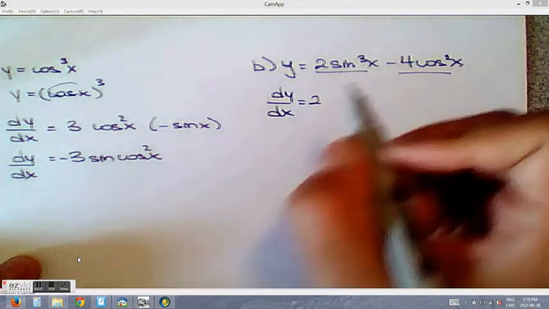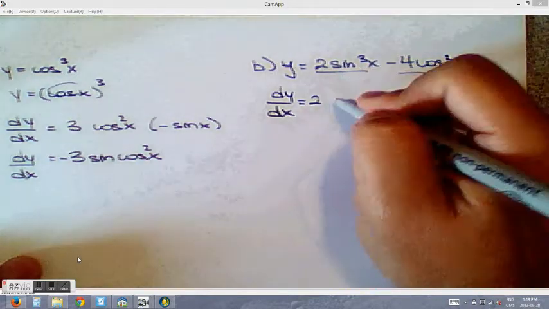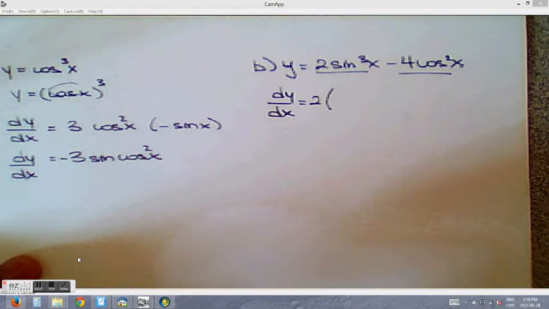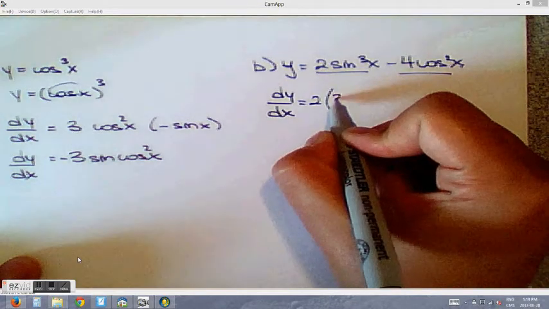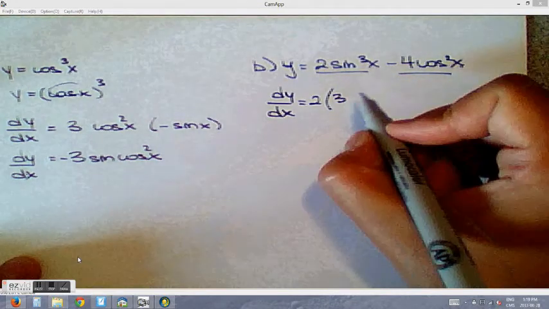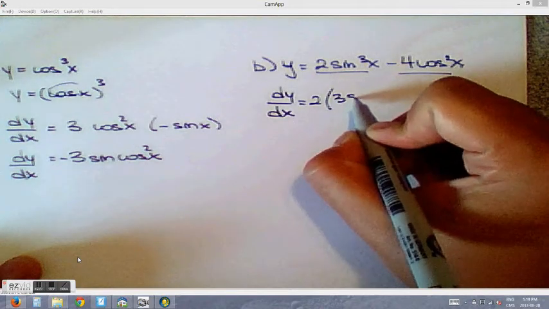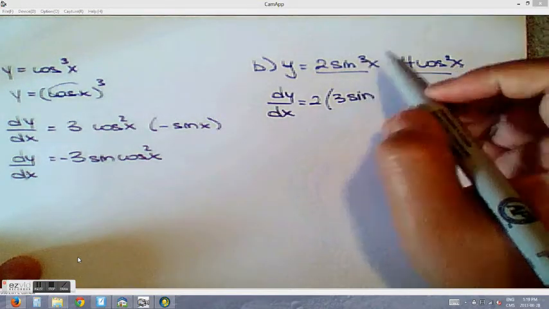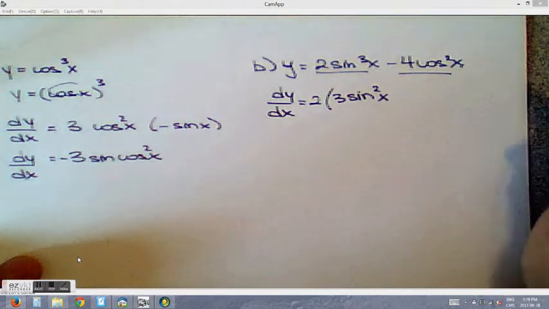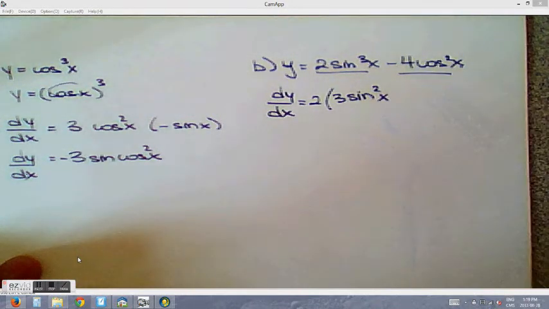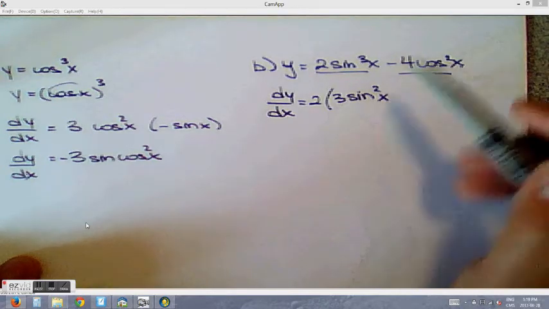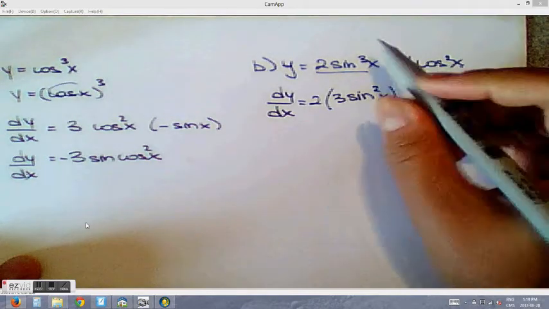So what we have is 2 is just a constant out front. I'm going to put a nice bracket. Bring down the 3. Sine. Now subtract 1 from the exponent, which is squared x. I don't think I've left myself enough room here. I might have to go into the next line.